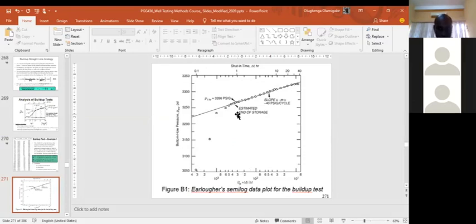And similar to what you have earlier on, you have departure from the straight line due to wellbore effects, and then this is the straight line portion of your test. Note that this straight line is due to infinite acting radial flow. So this is not due to pseudo steady state effects. Please take note of that.